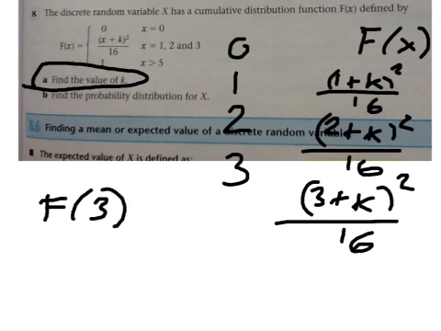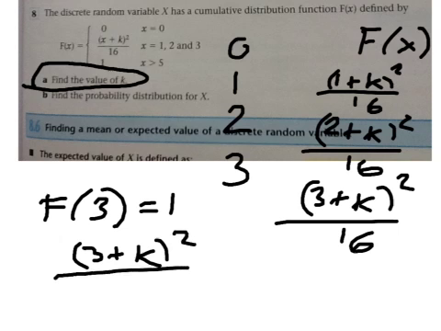Because F of 3 is going to include 3, 2 and 1. That's going to be all probabilities. This is quite simple to solve. You've got 3 plus k squared all over 16 equals 1. So we need the top to be 16, and we can make the top 16 if we make k equal to 1.